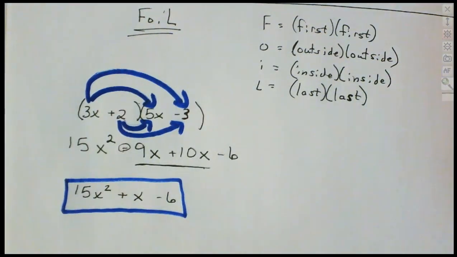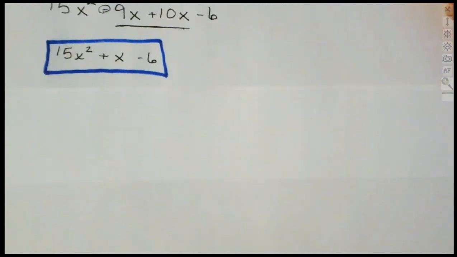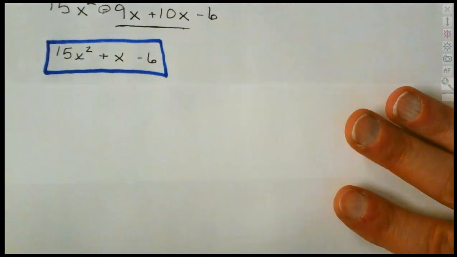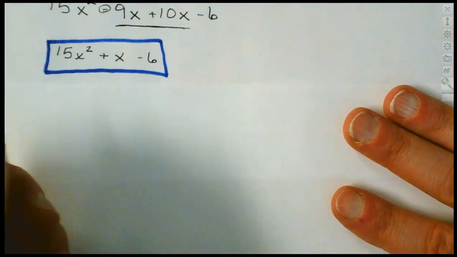Let's try a couple more of these. We're going to FOIL these out. They're not difficult at all to do. And these are nice, easy questions, and you're going to see them again in intermediate algebra. In intermediate algebra, we expand on this into factoring, and we look at how to multiply larger polynomials together.